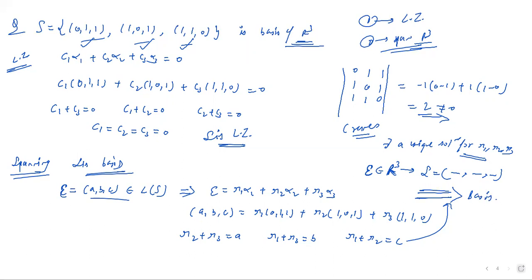Now let's see another thing, which is the dimension, which we have studied. Let's see it by an example. Let S be the set of (x, y, z, w) which belongs to R to the power 4, with the condition that 2x plus y plus 3z plus w equals 0.